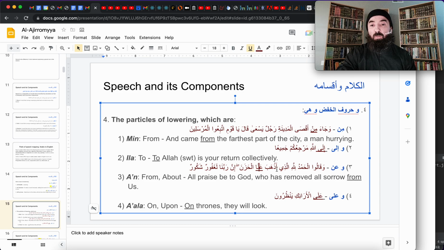However, take my word for it that an is here, and I have written the translation of that verse, and also underscored the an itself. And the fourth one is عَلَى. عَلَى الْأَرَائِكِ يَنْظُرُونَ. Ala means on or upon, and the example is again from the Quran: upon thrones they will look.